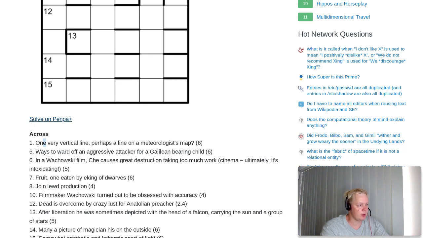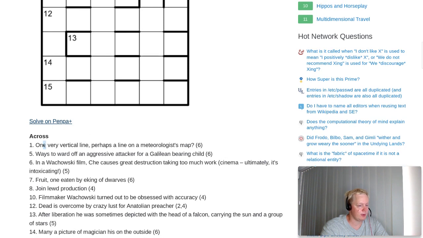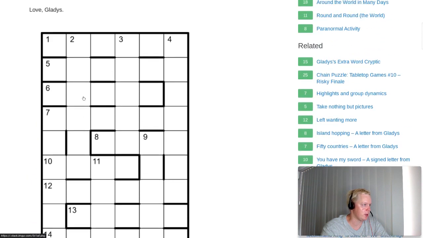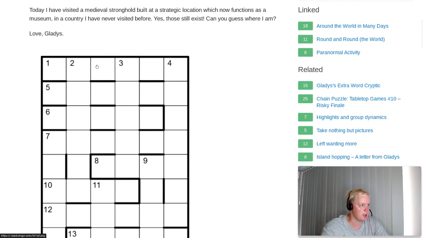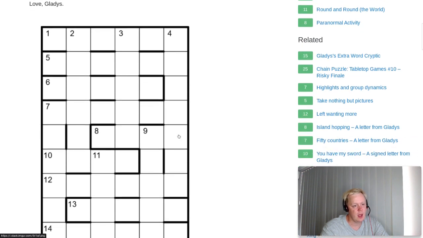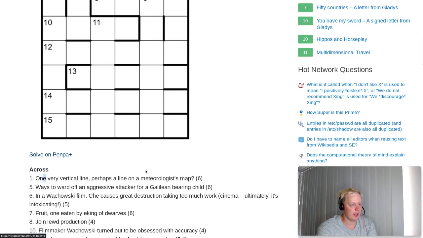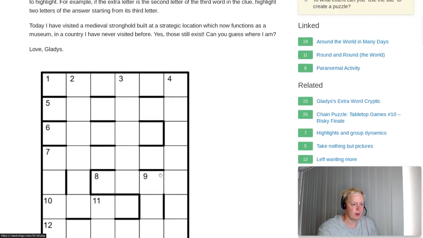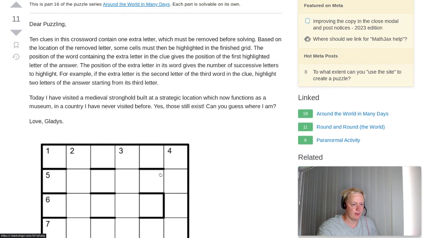That would mean we would start from the first letter of the answer, and we would be highlighting three letters. So if this was the one, we would be highlighting this, this, and this. And we can do this highlighting at the very end. We're going to have to figure out what the removed letters are, but we can do the actual highlighting at the very end. So we can find out the next part then.